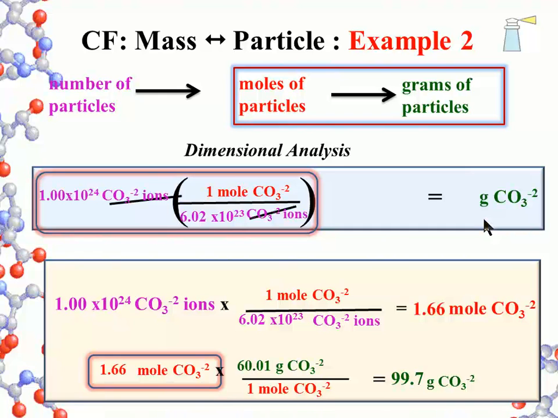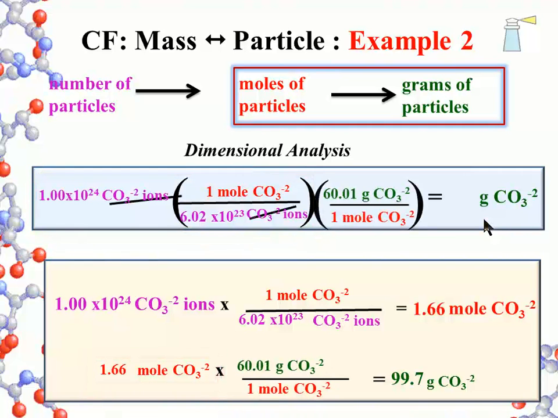The correct unit factor between moles and the desired units, grams, is the molecular weight of carbonate, just like it is in the second conversion. Units of moles of carbonate cancel out, leaving grams of carbonate, and multiplying all numerators together and dividing by all the denominators gives 99.7 grams of carbonate. Both the dimensional analysis and the two separate conversions give the same results.